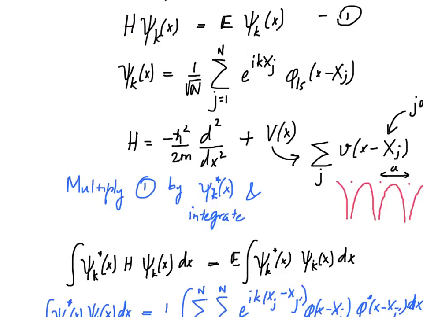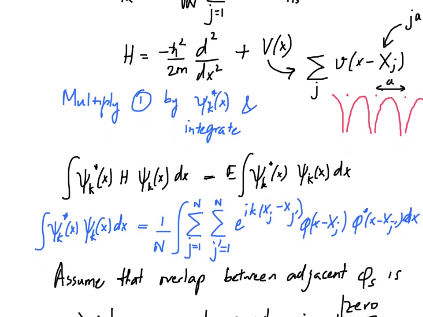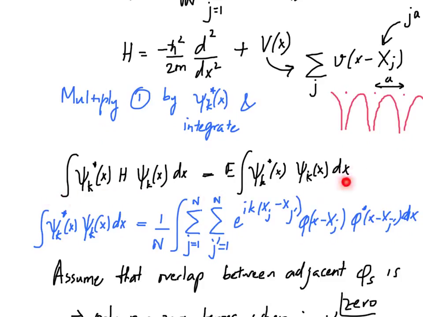We used the tight binding situation and defined our wave function for our system in this manner, and we knew that this was our Hamiltonian. We took this wave function, stuck it into our Hamiltonian, multiplied that equation on the left by psi star and integrated over all of space, and we basically got this expression over here.